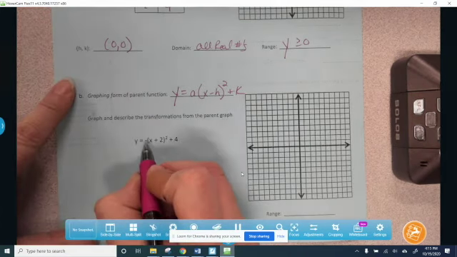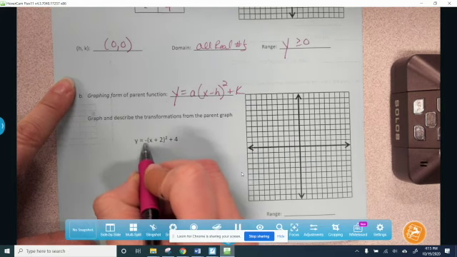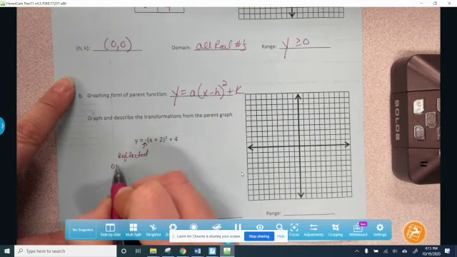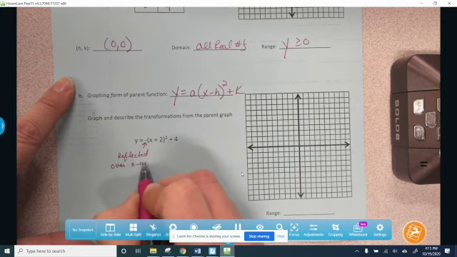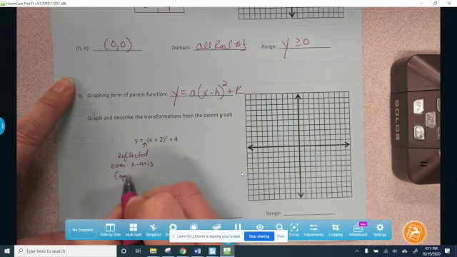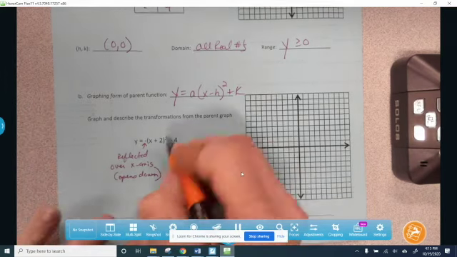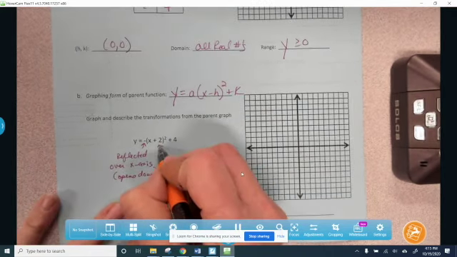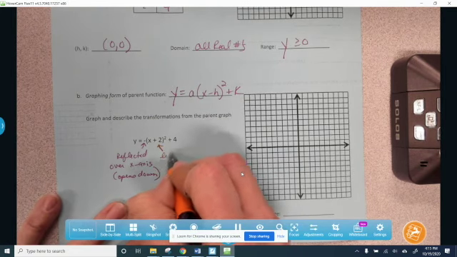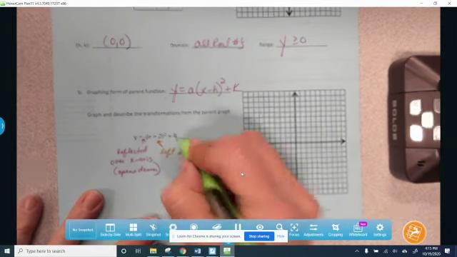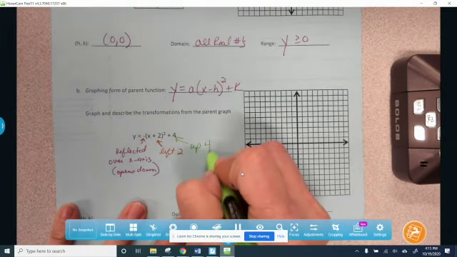The minus means the graph is reflected over the x-axis; in other words, it opens down instead of up. The +2 means the graph is shifted left 2 units. And the +4 means the graph is shifted up 4.